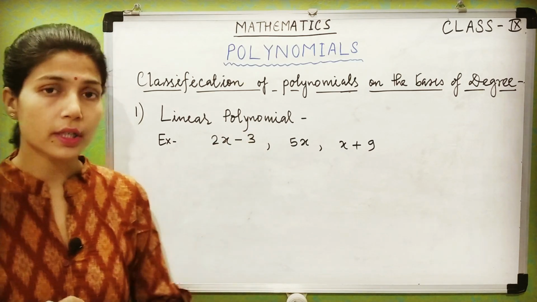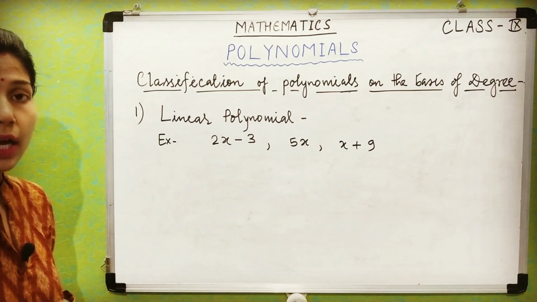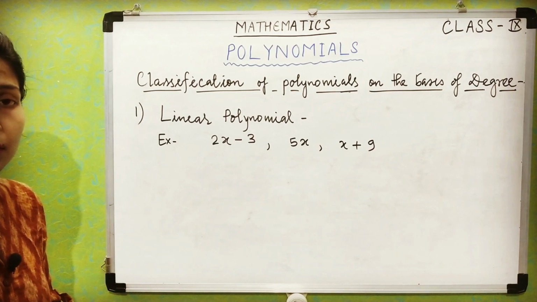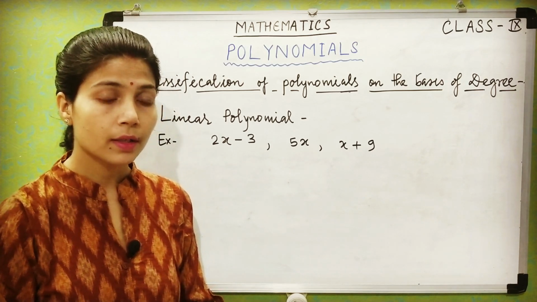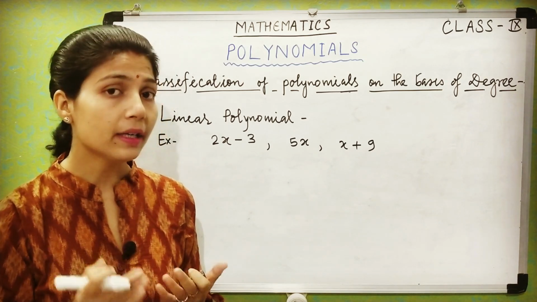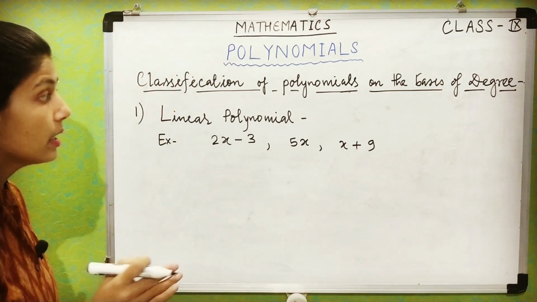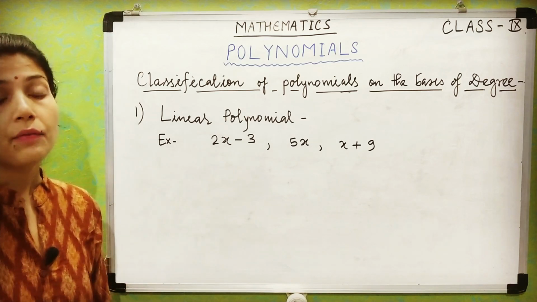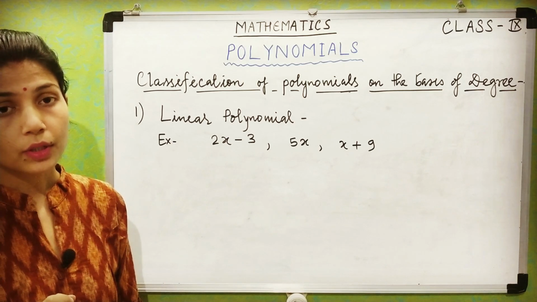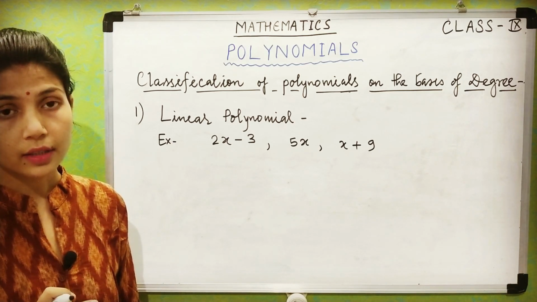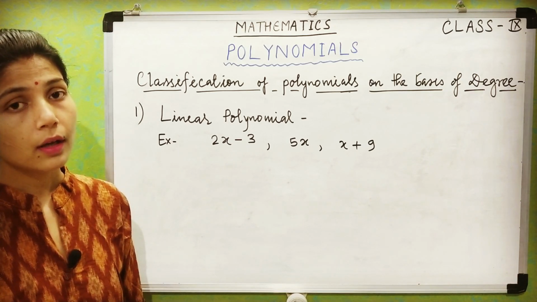Now one more thing: if we talk about a linear polynomial, the utmost number of terms may be only 2. It may be 1, but at most only 2. As I discussed earlier, if a polynomial has degree n, the number of terms at most can be n plus 1.